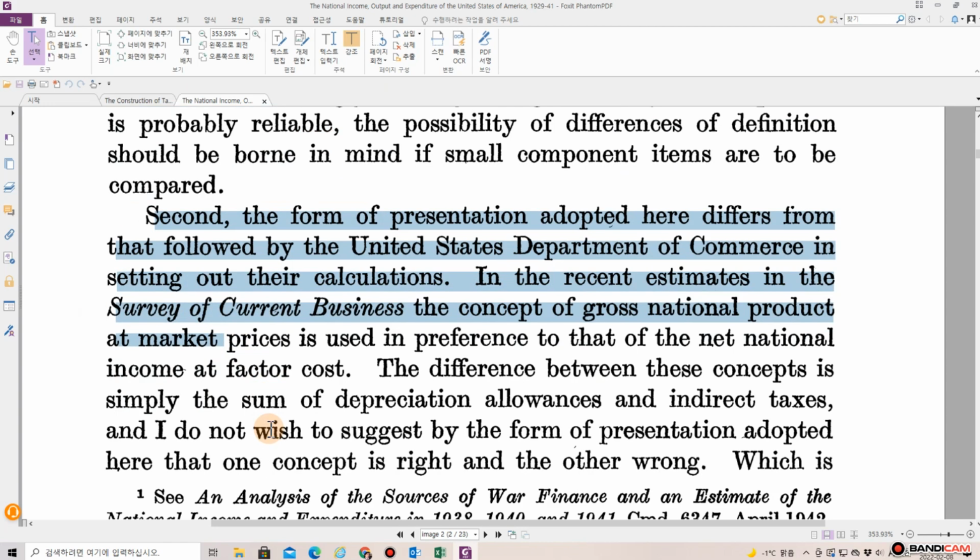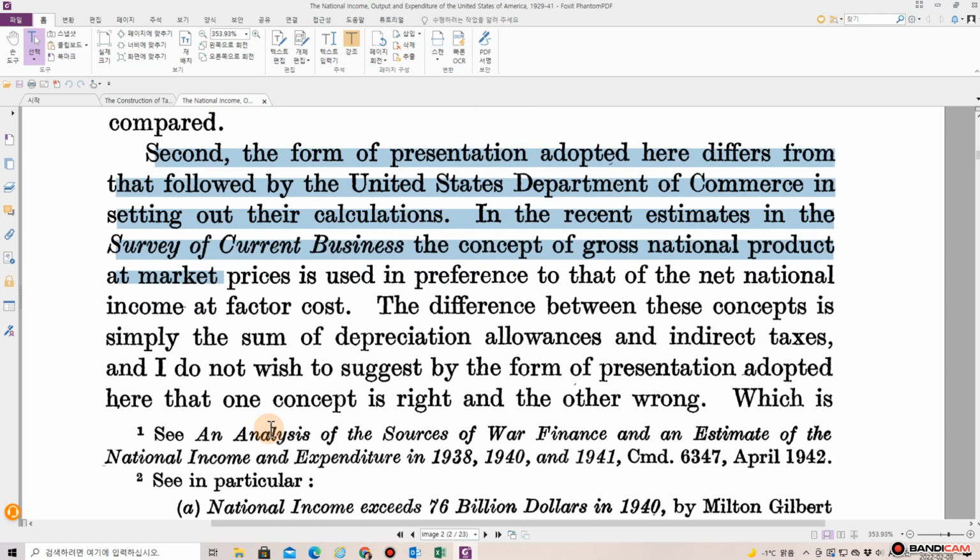Second, the form of presentation adopted here differs from that followed by the United States Department of Commerce in setting out their calculations. In the recent estimates in the Survey of Current Business, the concept of gross national product at market prices is used in preference to that of the net national income at factor cost.